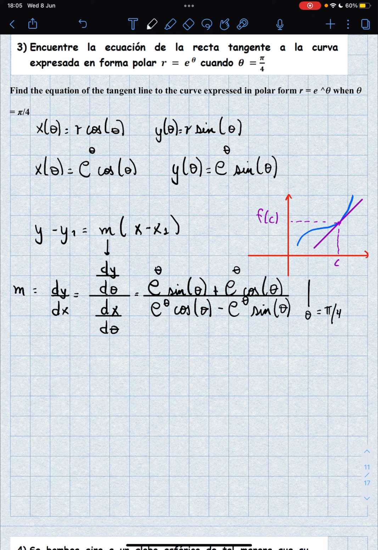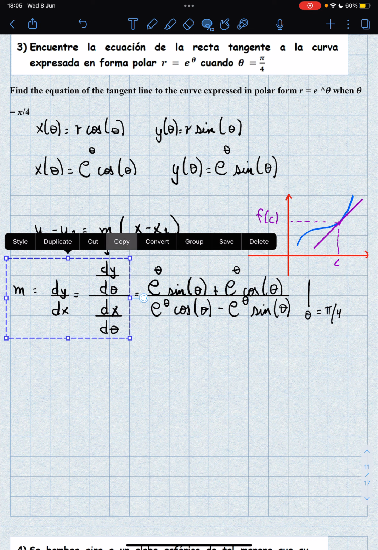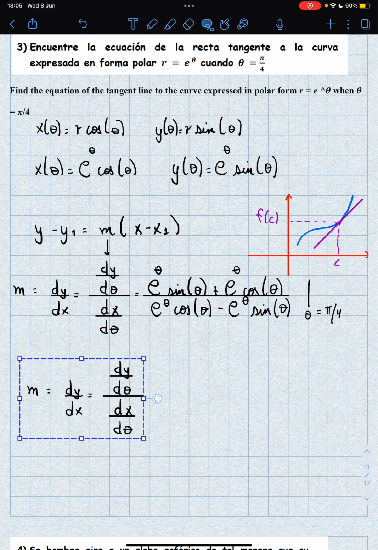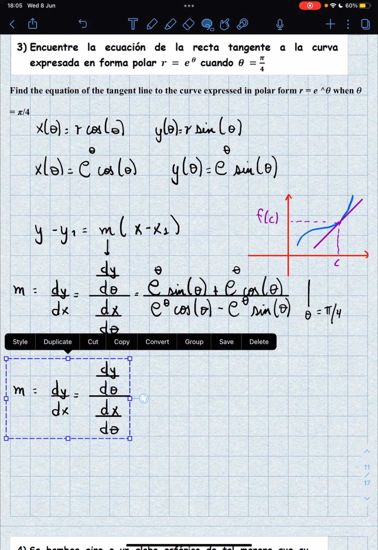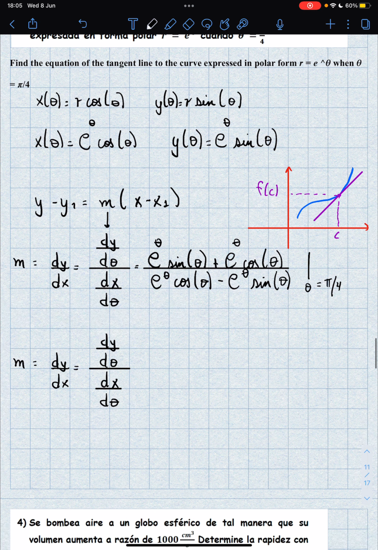I'm going to do it this way so you understand. This is going to be e to the pi over 4 times sine of pi over 4 plus cosine of pi over 4.